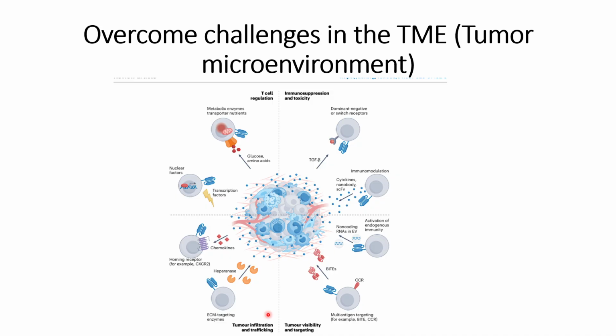The next one is tumor infiltration and trafficking. In this case, the idea is to improve the CAR T cell trafficking towards the tumors, and one of the receptors known for this function, this trafficking, is the homing receptors. It helps the immune cells to reach their site and exit from the bloodstream.